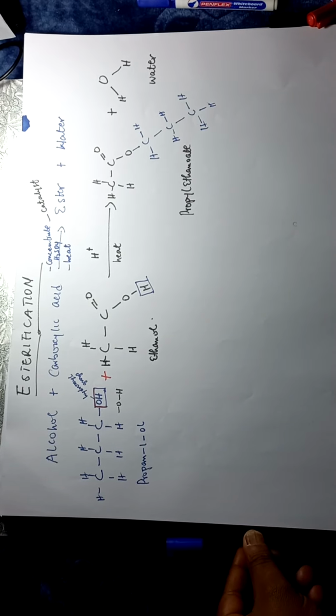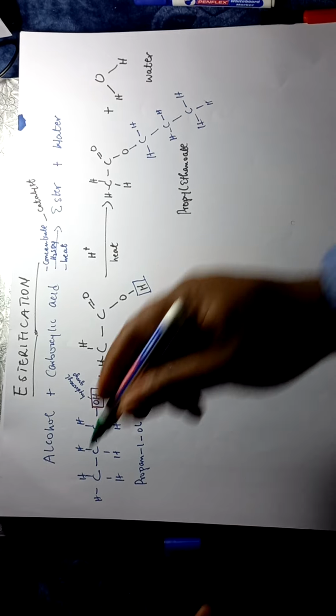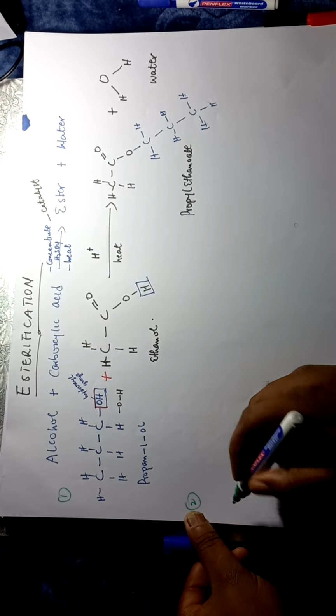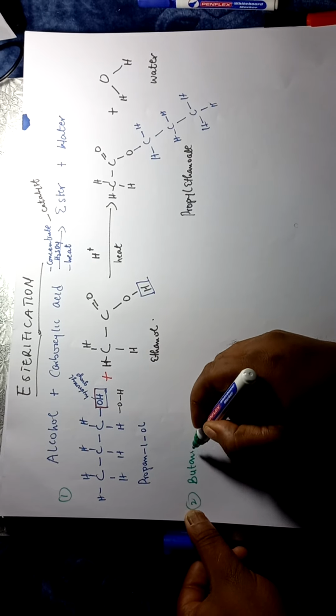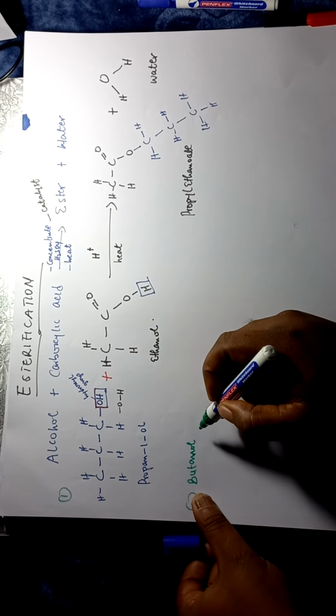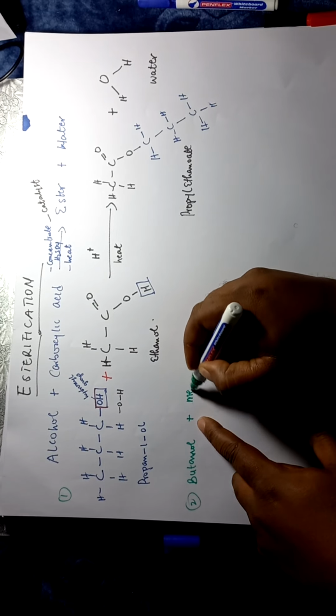Let me give one or two more examples. This is the first one. The second one, let's say for example, we are given butanol. One butanol, for example, is reacting with methanoic acid.